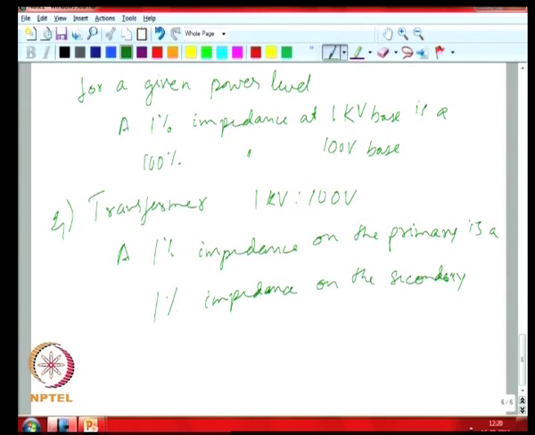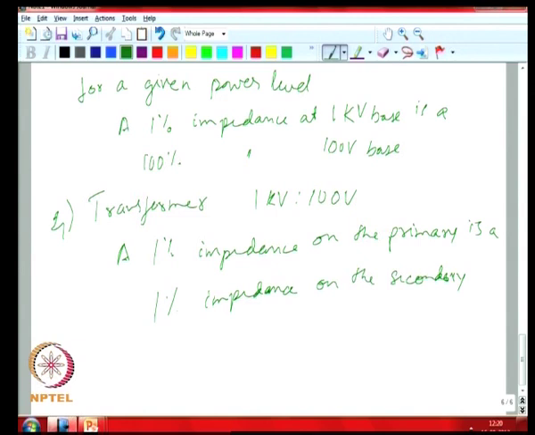This is because your base on either side of the transformer has to be consistent with your turns ratio of the transformer. So, essentially when you are handling transformers, it becomes transparent in your per unitized analysis for this particular reason. Okay.